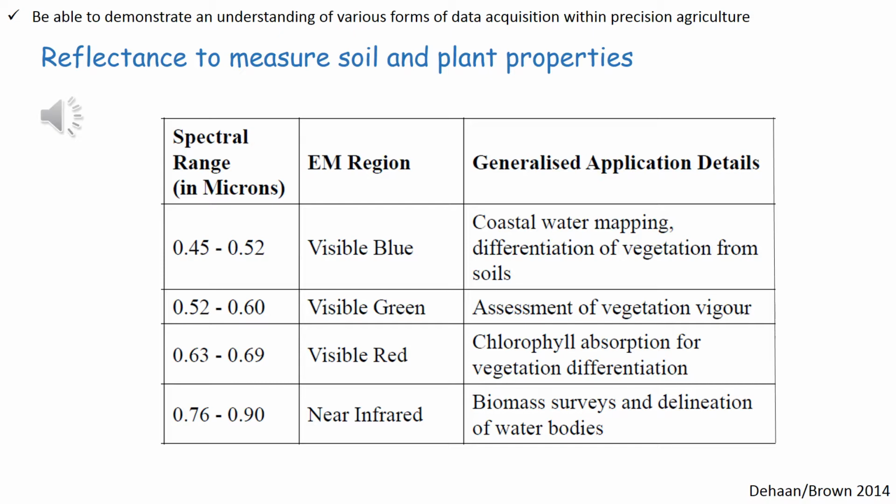Different objects such as water, soil, plants, healthy vegetation, and different types of vegetation will show a different amount of reflectance from each of these EM regions, hence each of these objects exhibiting a different reflectance signature. This reflectance signature is also known as the spectral signature of the object.